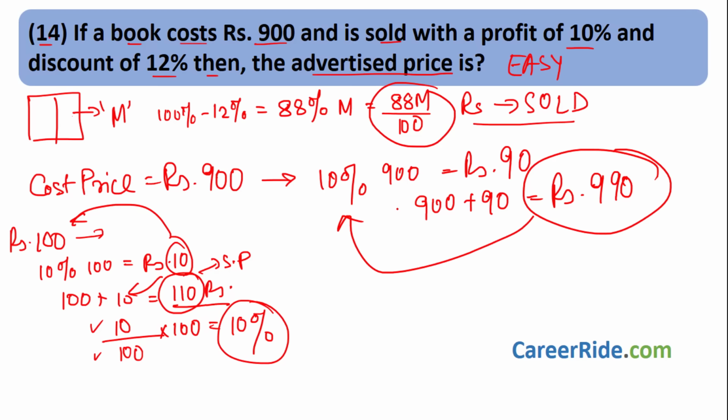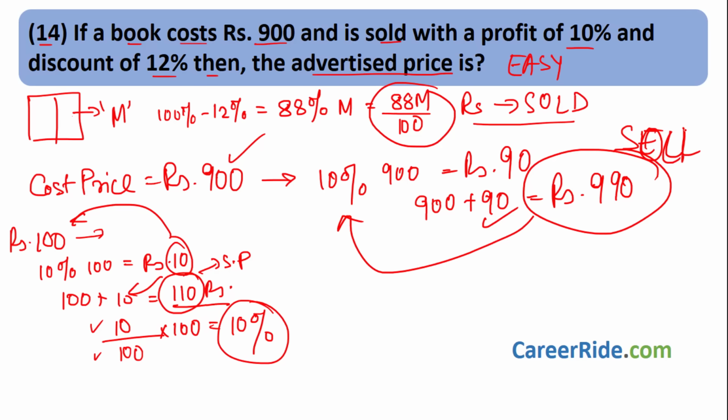Did you understand? It's very easy. Cost price is 900 and the person wants 10% profit while selling the book. So he has to sell the book at 900 rupees plus the 10% profit. That is nothing but 10% of 900, that is 90 rupees, and hence the person has to sell the book for 990 rupees.